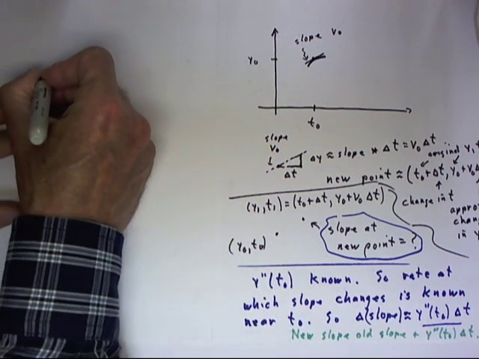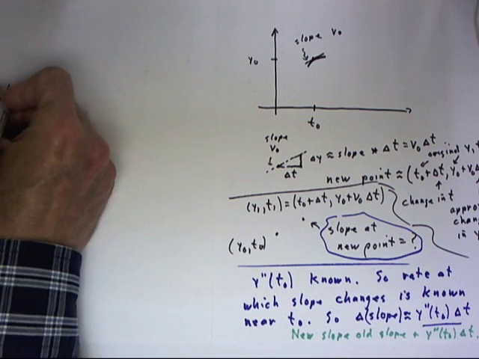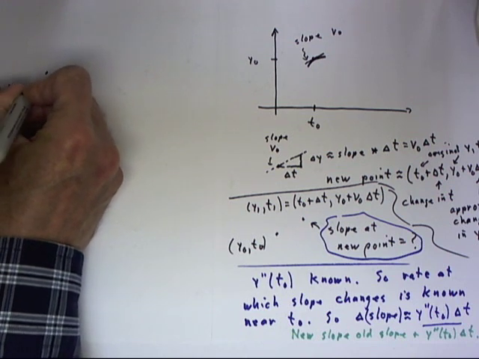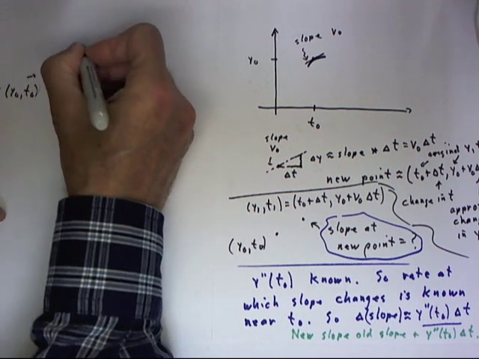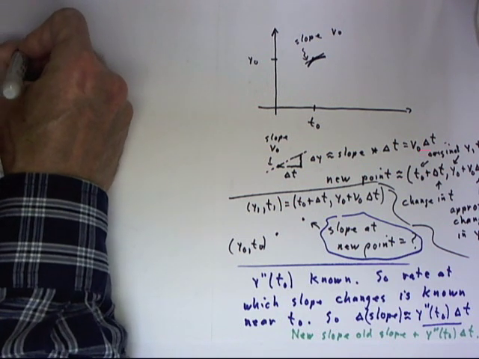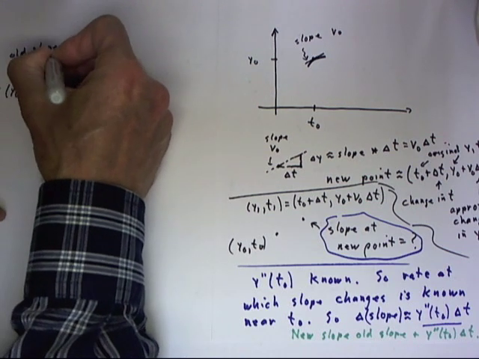So what's our situation? We have our point y naught t naught. We have our old slope, which is v naught.